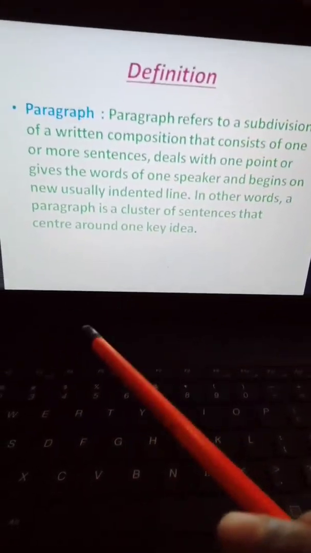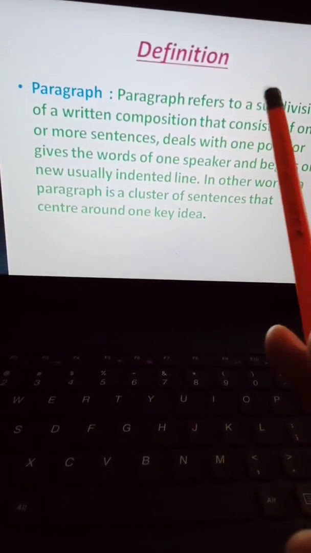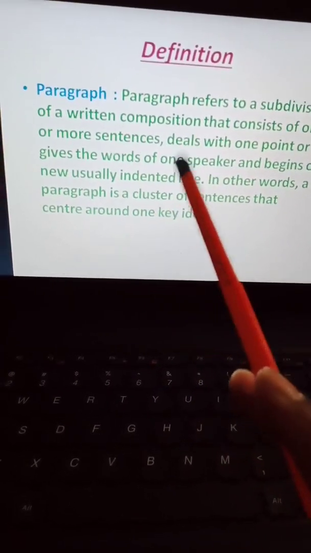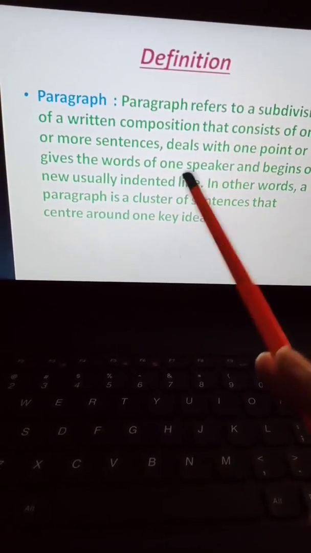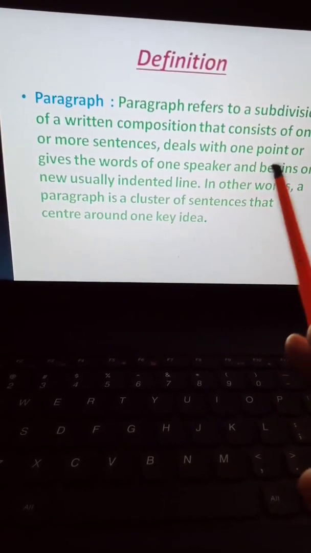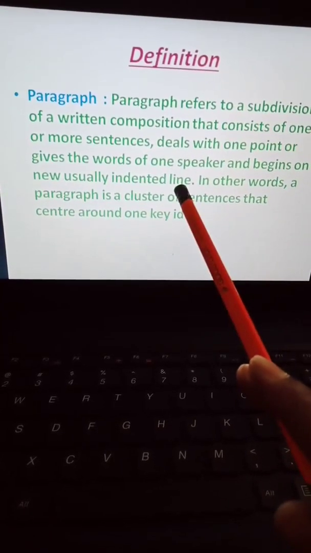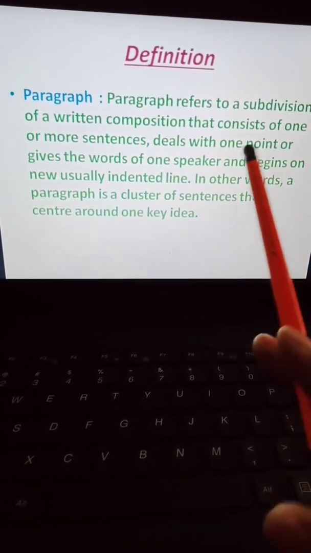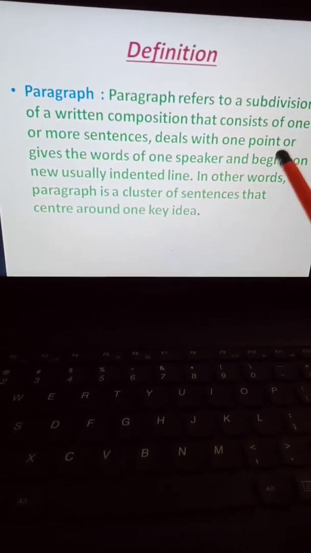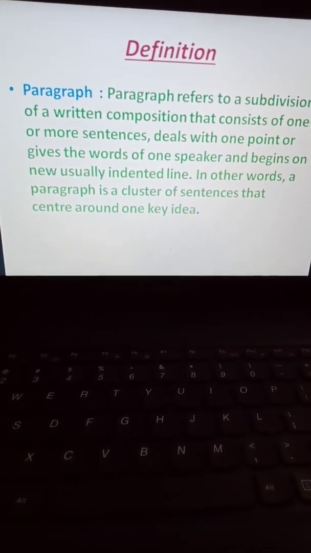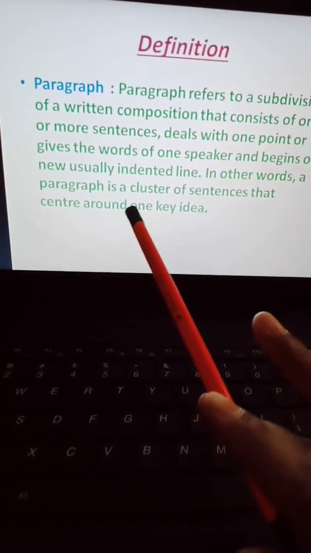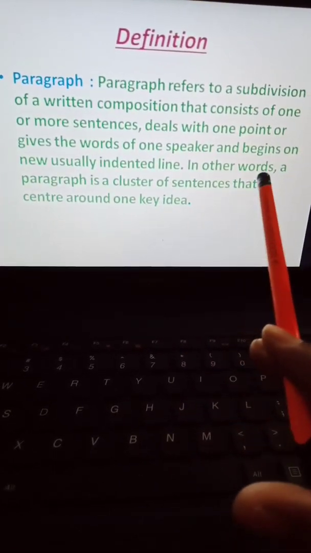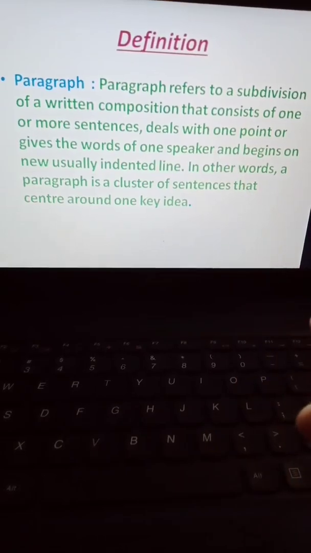So the first slide shows you the definition of a paragraph. So what does a paragraph refer to? The paragraph refers to a subdivision of a written composition that consists of one or more sentences. That means a paragraph consists of more than one sentence, and deals with one point. This is very important. Deals with just one point, or gives the words of one speaker and begins on a new, usually indented line.